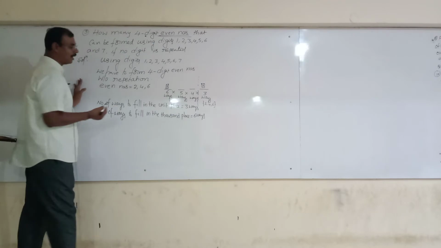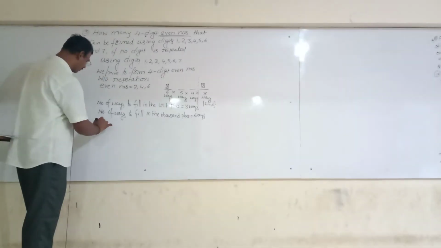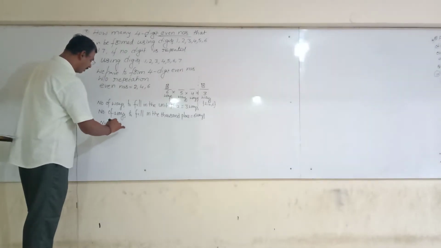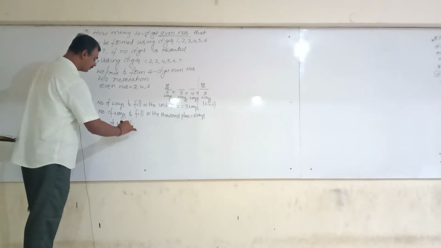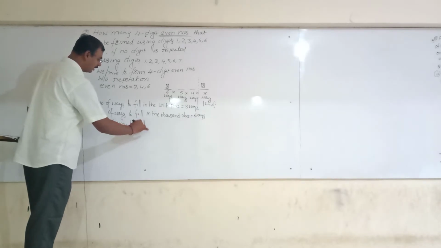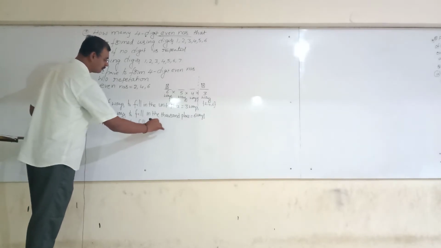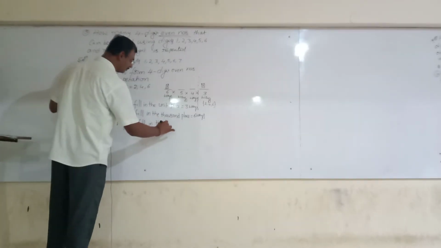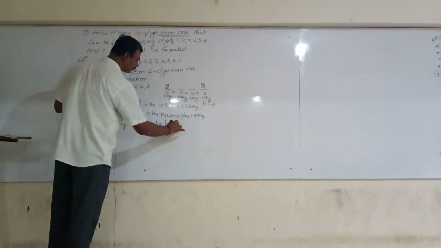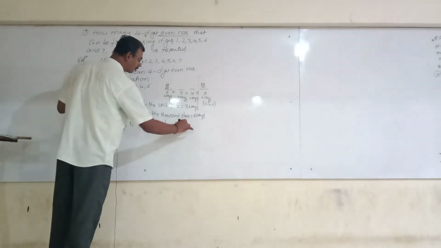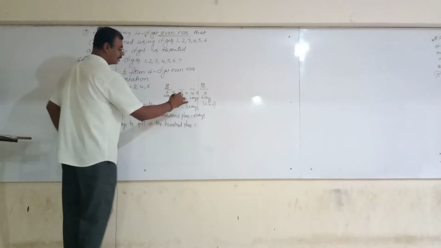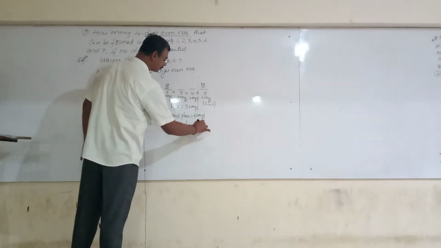Next, the number of ways to fill the hundredth place is equal to 5 ways.